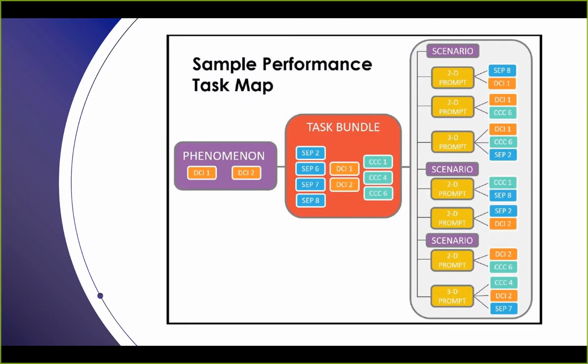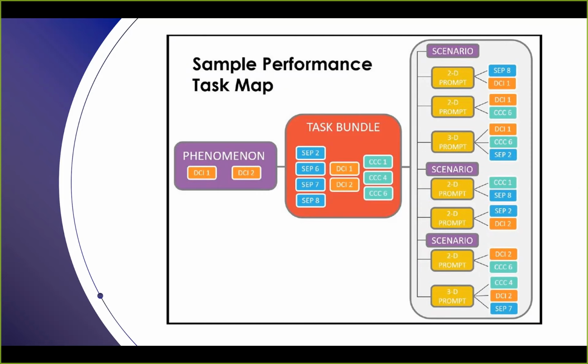And so when we take a look here, and we also take a look at the sample performance task map, this is also included as an appendix. I believe it's Appendix B in the draft science blueprint. But when we take a look here, it's important that we talk about the language, because as we look at the graphic, we see DCI, SEP, CCC, scenario. There's a lot of information that this sample performance task map communicates.